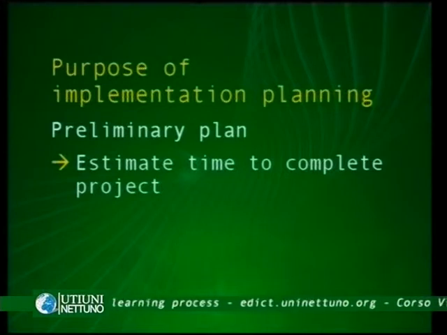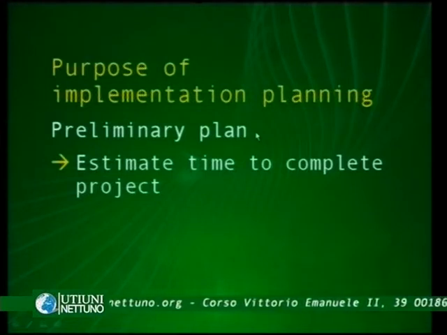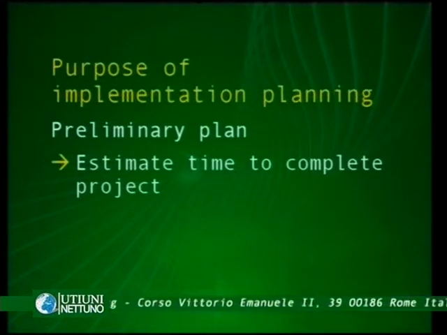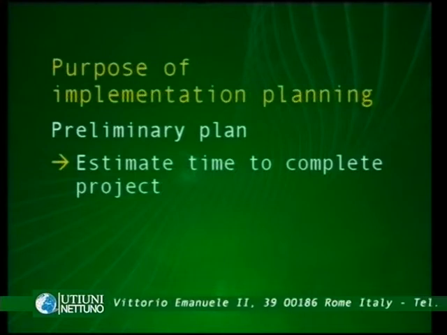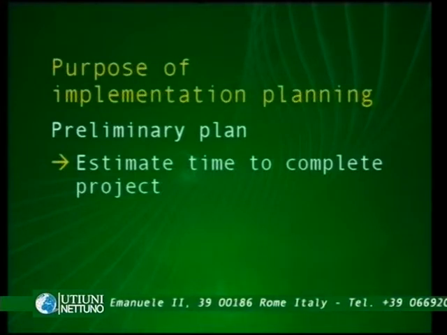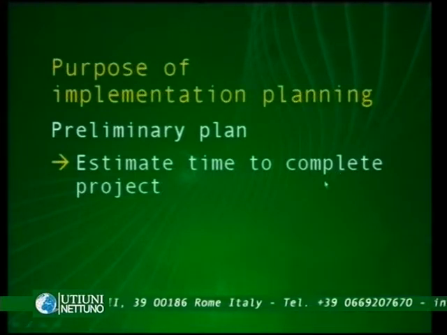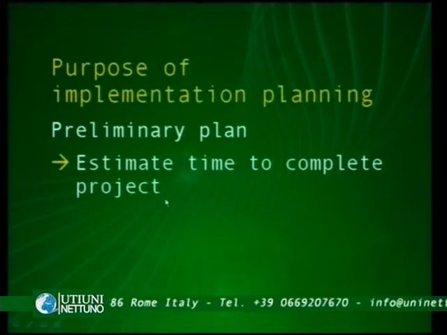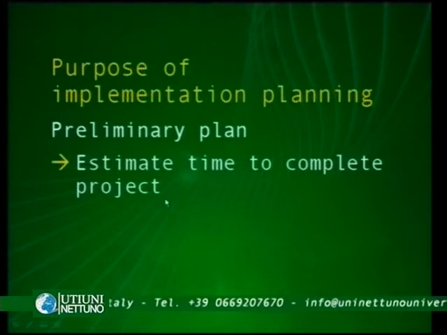So, we can distinguish between the preliminary plan and, as we will see momentarily, a detailed plan. The preliminary plan is aimed to estimate time to complete the project. So it's an investigation on how and when we can start the planned activities.